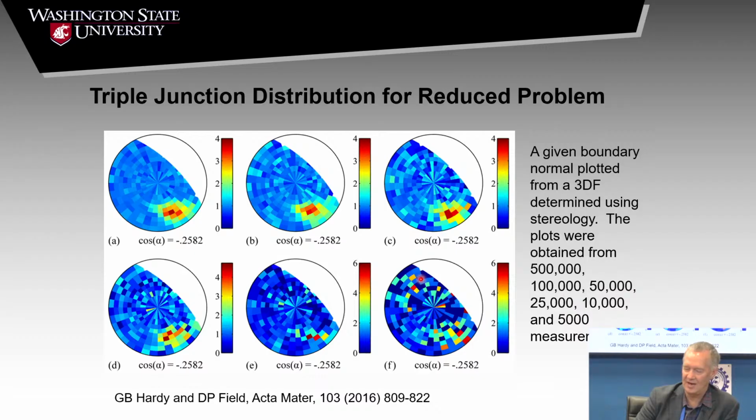If he used only 5,000 measurements, it looked like this. Right? So the triple line was in this position, and he could see it pretty good. Almost you could see it here at about 25,000 measurements, but you get to 10,000 or 5,000, he couldn't see it anymore. And this is for a very simple distribution where you have a really strong peak. It wasn't a delta function, but it was close to a delta function, approximating that that's the only triple line in the distribution.